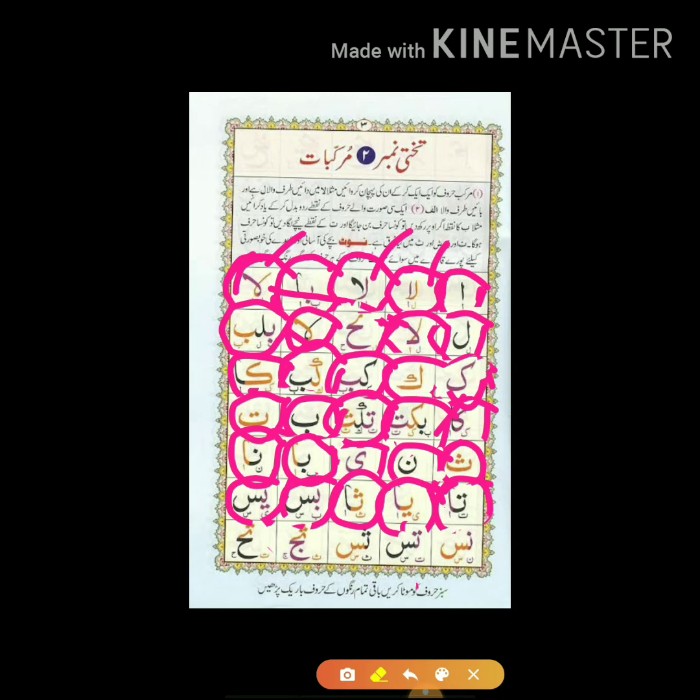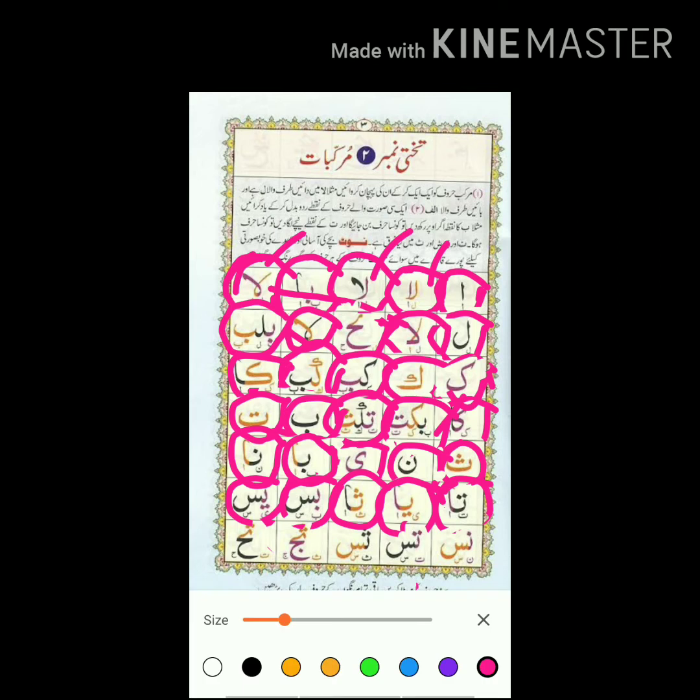Now on the last line, in the first box, there is one dot in a circle-like shape, like we have already discussed, and that shape is noon, and the second letter is sin.